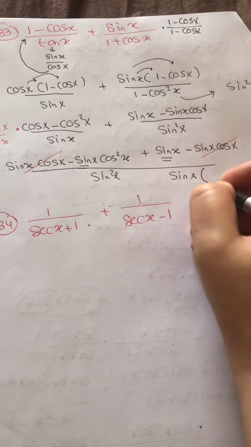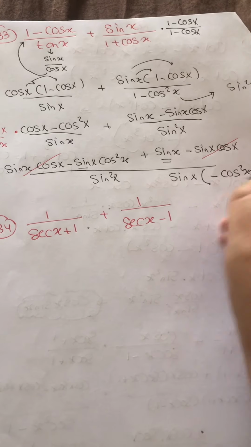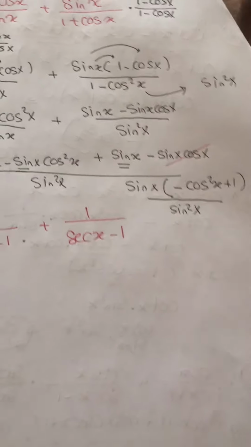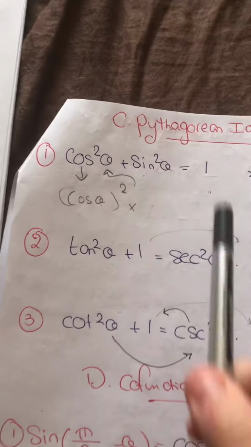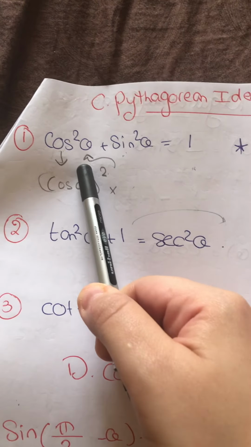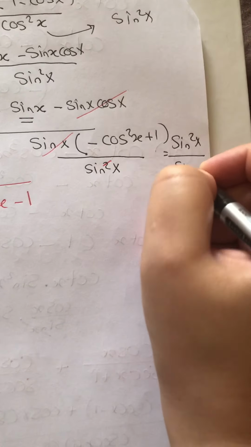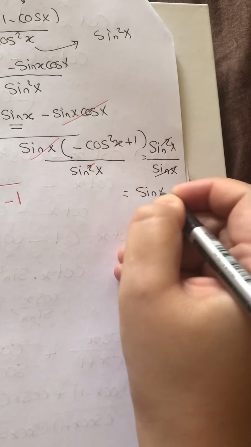So with sine x as a common factor, I am left with negative cosine squared x plus 1 all over sine squared x. I can cancel this sine x with one of those. And what is 1 minus cosine squared x? It's sine squared x. So I have sine squared x over sine x now. Cancel this with this, and your answer is sine x.